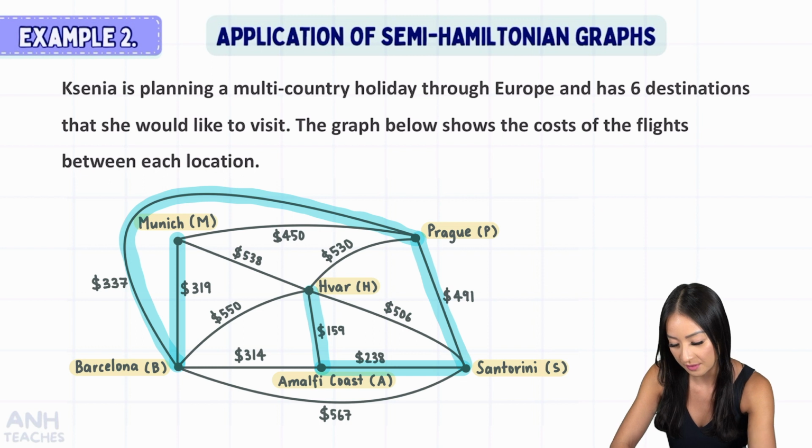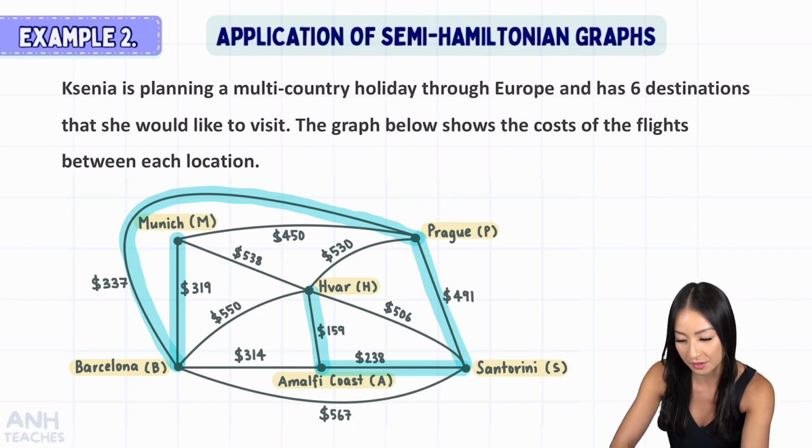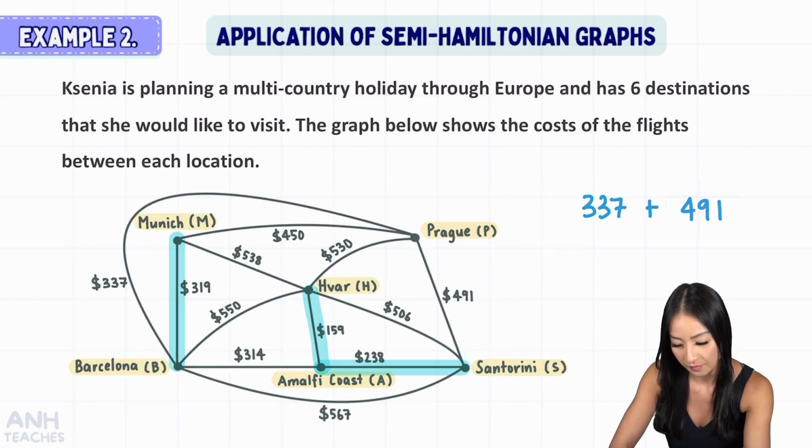Might use this. But I'm just thinking, if I didn't use $337 and $491, I would connect Prague with maybe 530 and 450. 530 and 450.